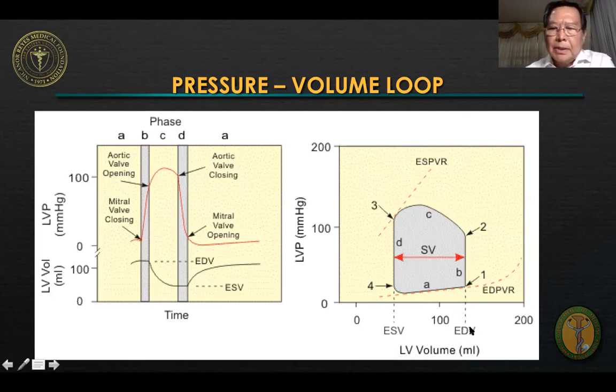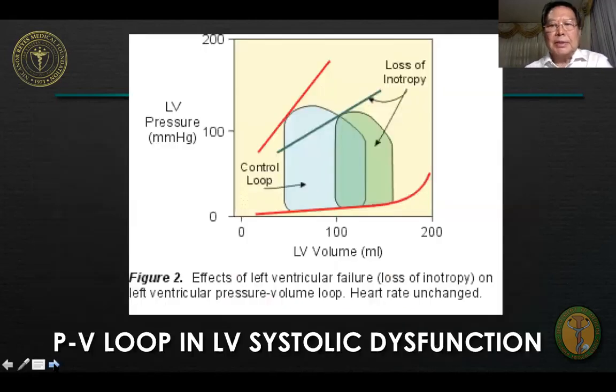If you divide the stroke volume by your EDV or end-diastolic volume, you get your so-called ejection fraction. These are significant because this could give us an idea as to how good or how bad the left ventricle is performing.